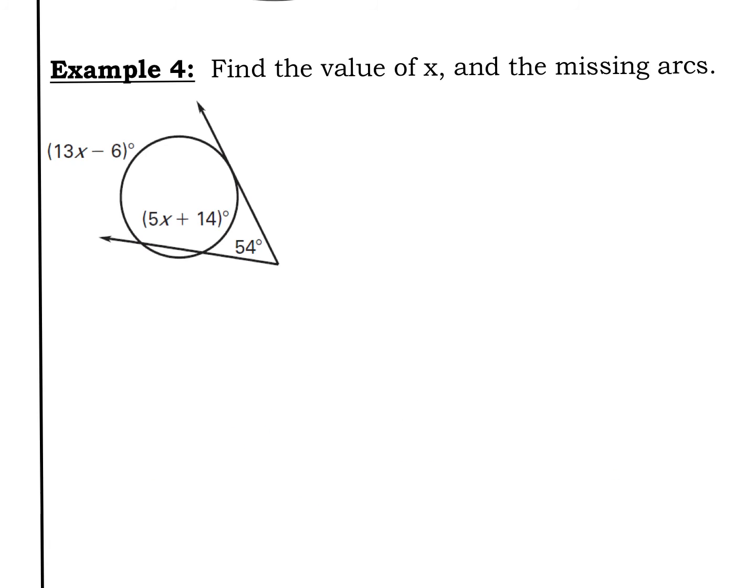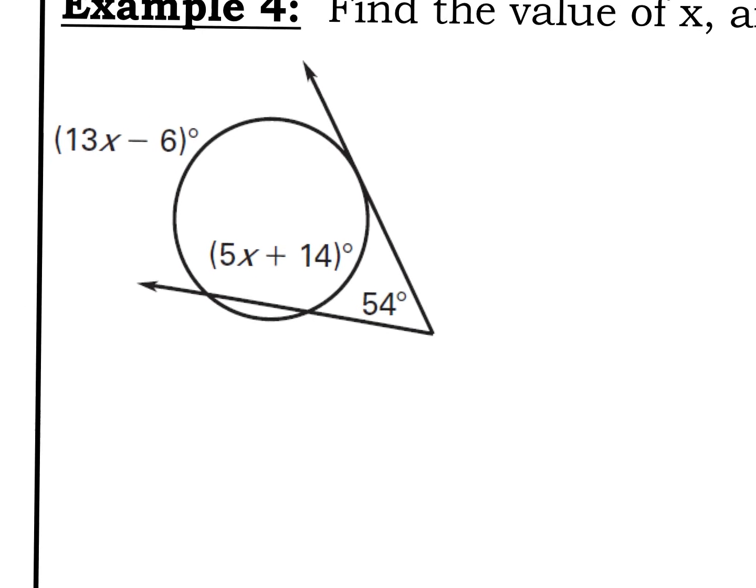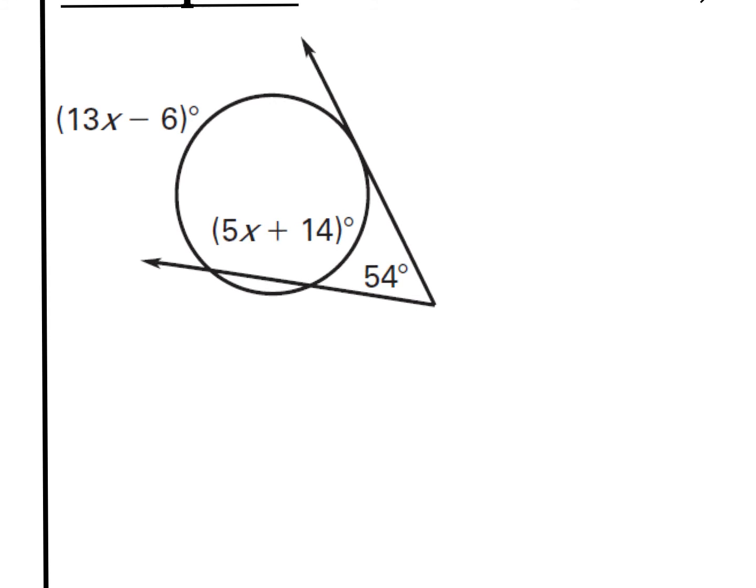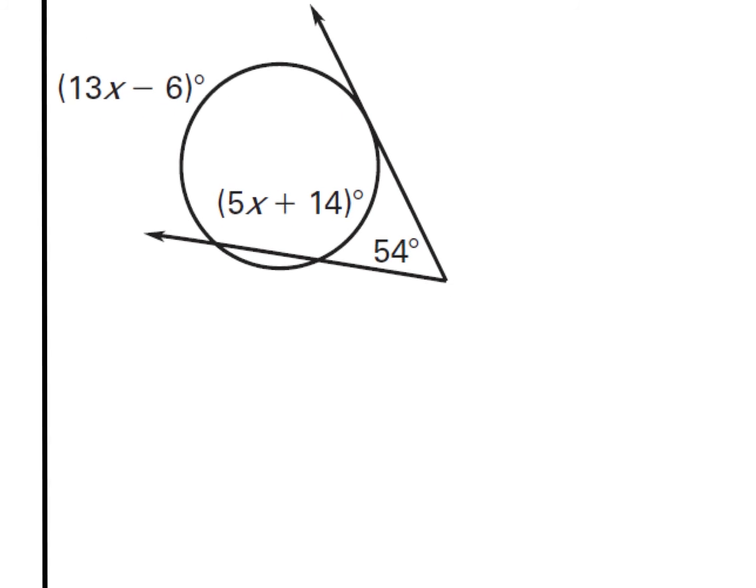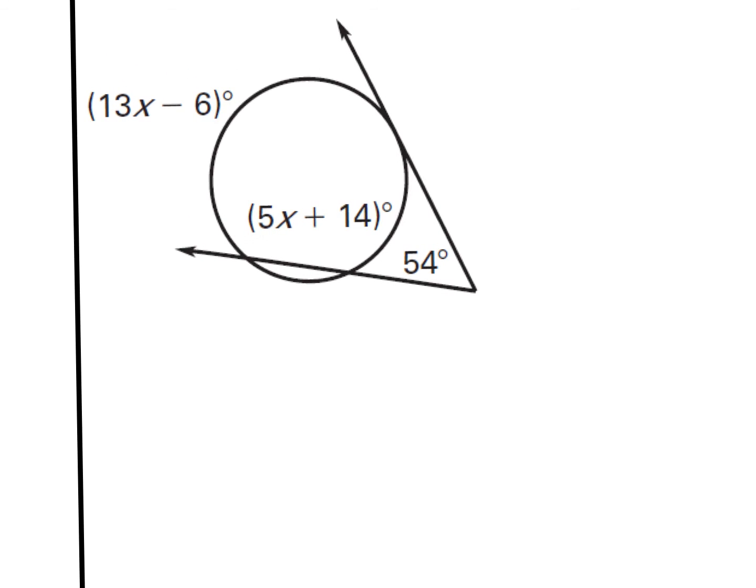Example 4 will be a little bit more complicated. We're going to find the value of X and the missing arcs. So what you're going to do is you're going to set it up like you were doing the other problems. You have 54 being your exterior angle, and then these are your arcs.